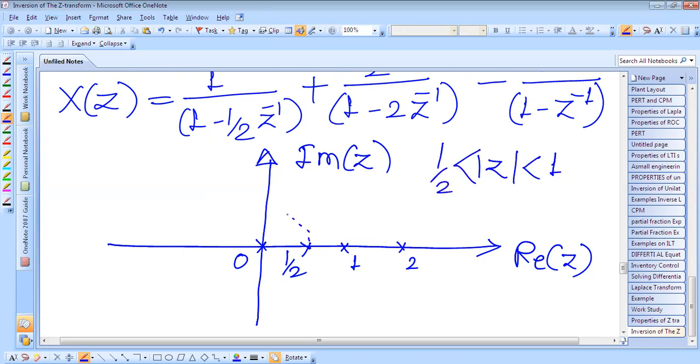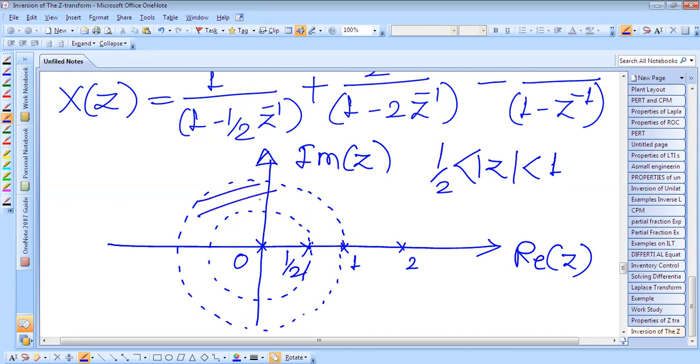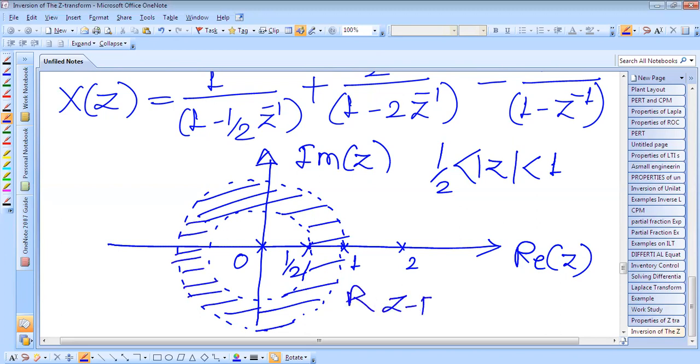So this is the first circle of radius half, and this is the second circle of radius 1. The region of convergence will be like this, in the z plane.